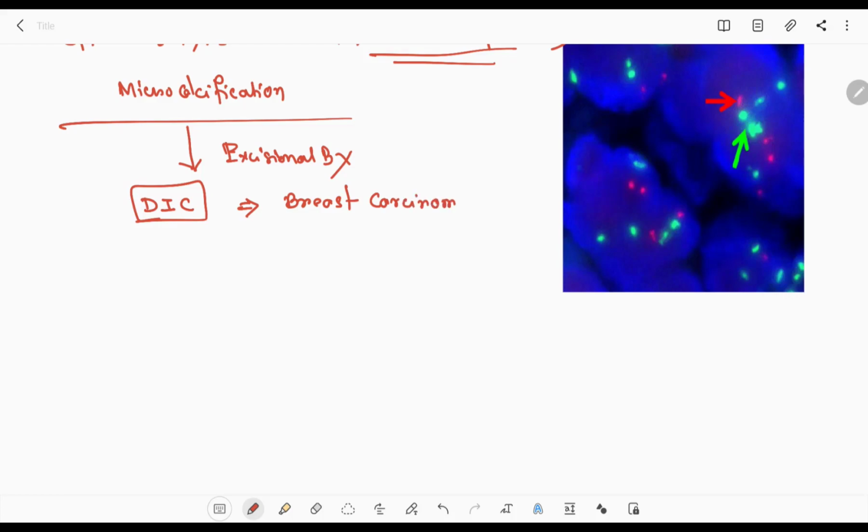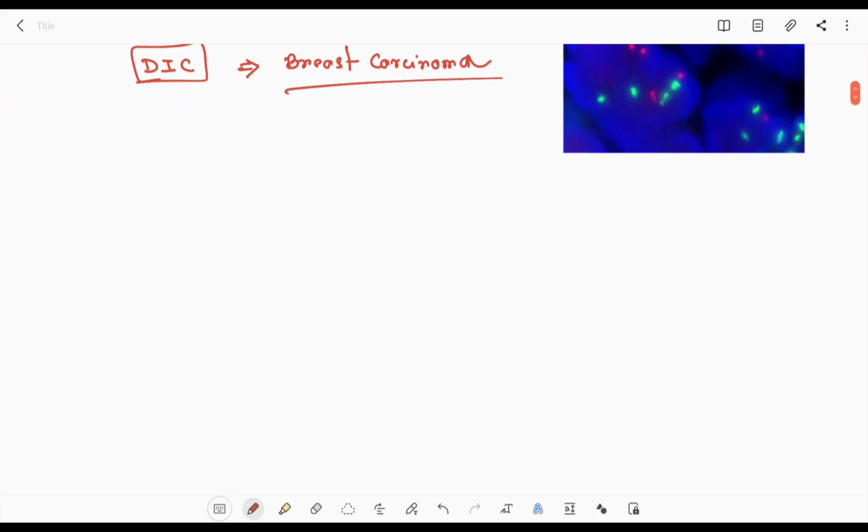To start the treatment, we have to understand the molecular pattern of the cancer cell, so that we can target it with a drug. The molecular pattern of the cancer cell can be determined by the molecular classification of breast carcinoma.